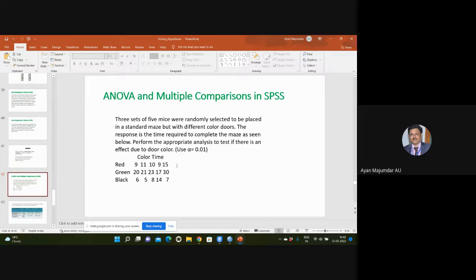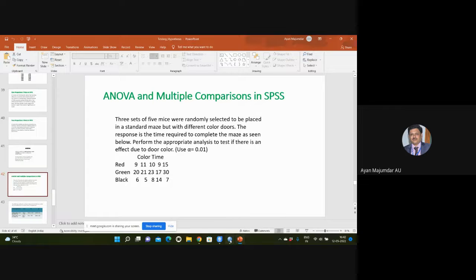Now, here it is more than two samples, so we won't be able to use the t-test or the z-test, so we will be using the ANOVA.